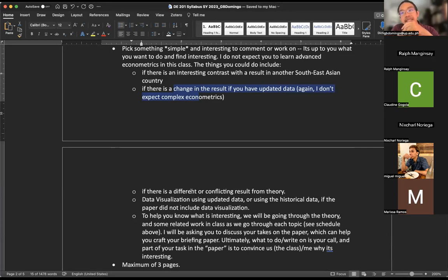But one famous example here is the Phillips curve. The Phillips curve relates unemployment versus inflation. And you know what's funny? Edmund Phillips, when he first developed that, had pictures of the Phillips curve.